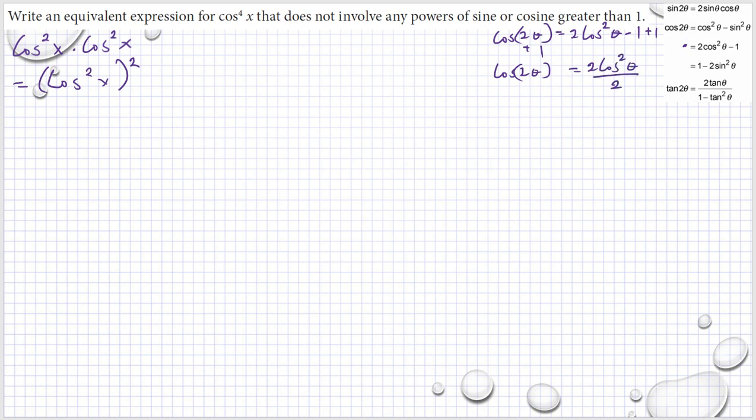Sorry, I forgot that. If we divide both sides of the equation by 2, then we have cosine squared theta is equal to cosine 2 theta plus 1, divided by 2, squared.